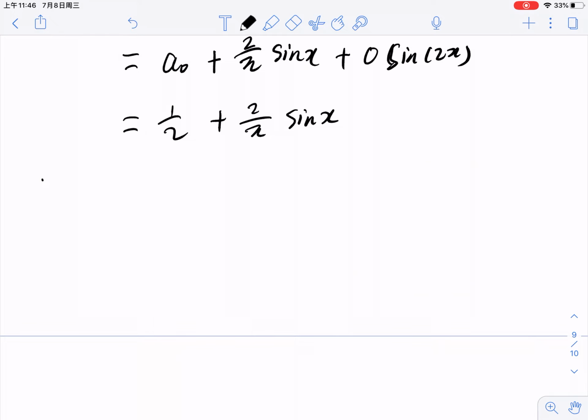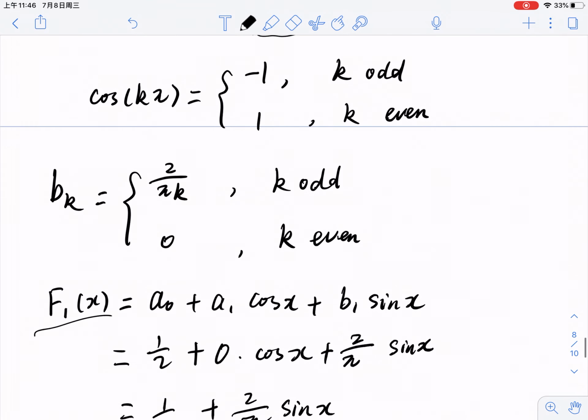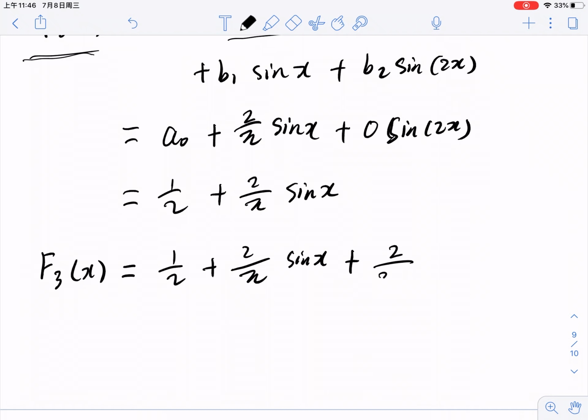So next we find f3(x). Based on f2(x), we need to add a3 cosine 3x and b3 sine 3x. a3 is 0, so it should be 1/2 plus 2 over pi sine x, plus b3. 3 is odd, so it's 2 over 3 pi sine 3x.